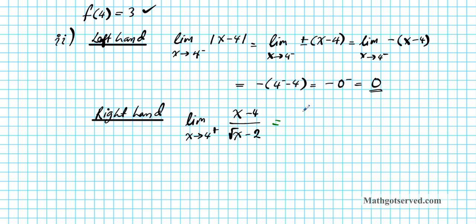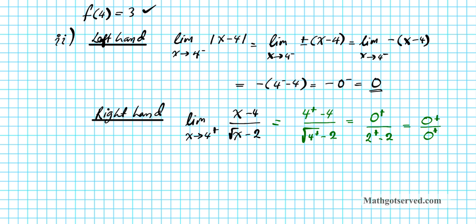If we plug in 4, we're going to have 4 from the right minus 4 over the square root of 4 from the right minus 2, which equals 0 from the right on top over, this is going to be 2 from the right minus 2, which equals 0 over 0, right? That's what it looks like basically.